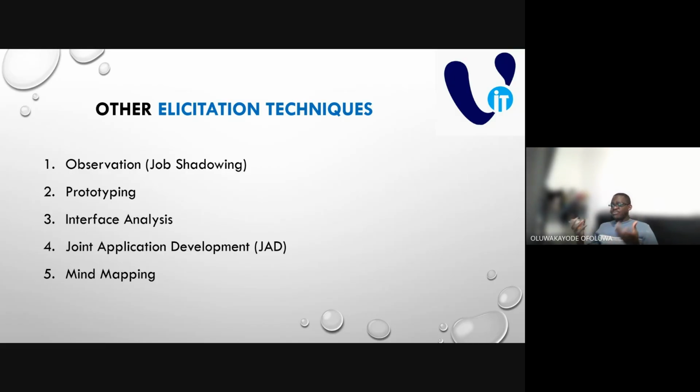This is where we make samples, not necessarily live samples, but it can be a sketch, just to see how this thing is going to look. We have interface analysis. We have joint application development, which is just like a workshop too. And then we have mind mapping.